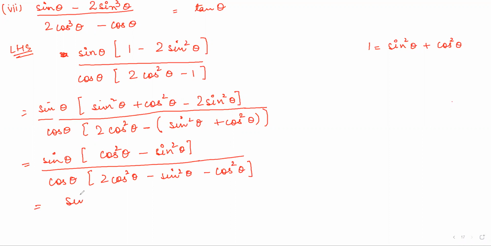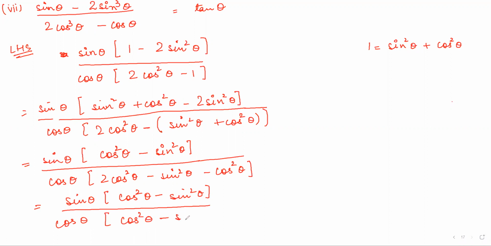So that becomes sine theta into cos square theta minus sine square theta, divided by cos theta into, now 2 cos square theta minus cos square theta will become cos square theta, and then minus sine square theta. So this whole bracket actually cancels out. So you are left with only sine theta divided by cos theta, and that is your tan theta, which is your RHS.